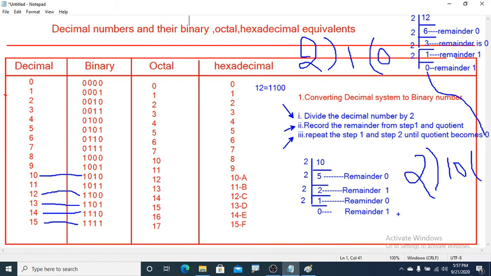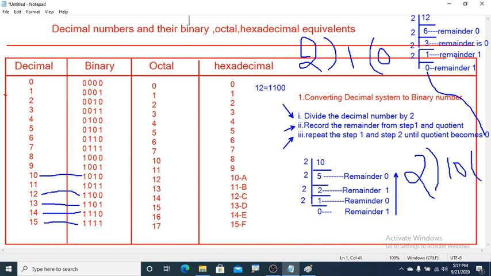So finally we recorded the output, placing it from bottom to up. From bottom to up, see 1 0 1 0. So 10 is a decimal number. The binary equivalent of the decimal number is 1 0 1 0. So the binary equivalent of the decimal number 12 is 1 1 0 0. We proved it here, 1 1 0 0. So try at home 13 and 14 and 15, and 11 as well. So you will get these binary equivalents.